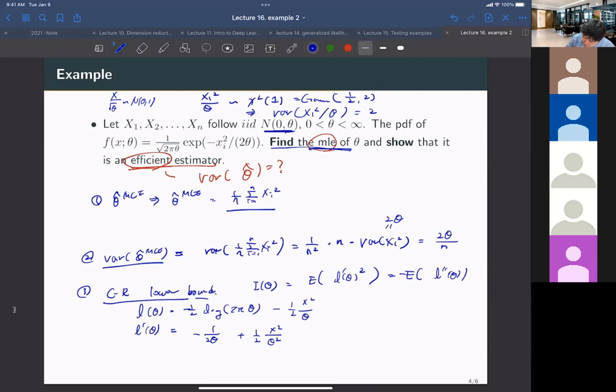Taking the derivative again, the second derivative is 1 over 2 theta squared minus x squared over theta to the 3.